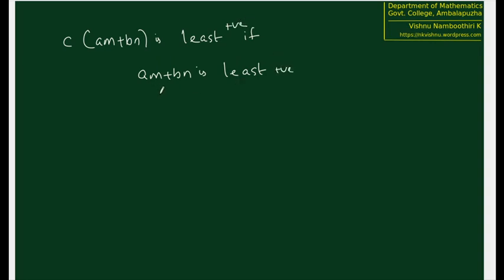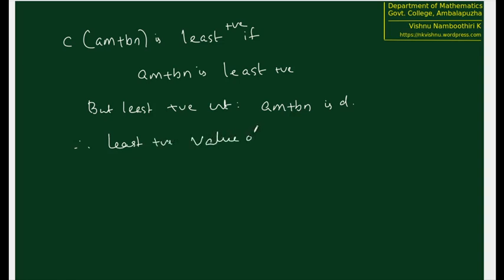But what is the least possible value of am plus bn? The least positive integer of the form am plus bn is d. Therefore, the least positive value of c times (am plus bn) is nothing but c times the least positive value of am plus bn, that is nothing but cd, equal to c times the GCD of a and b.